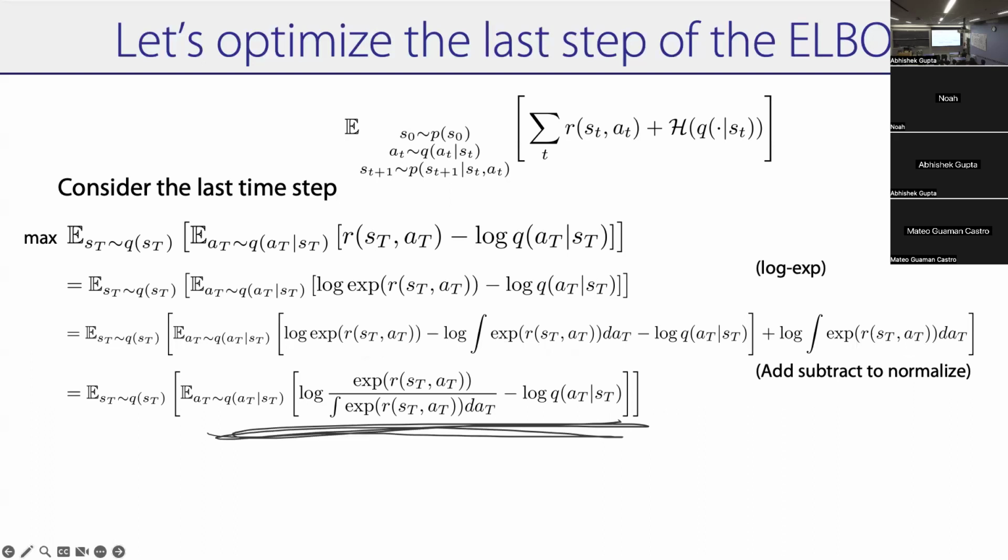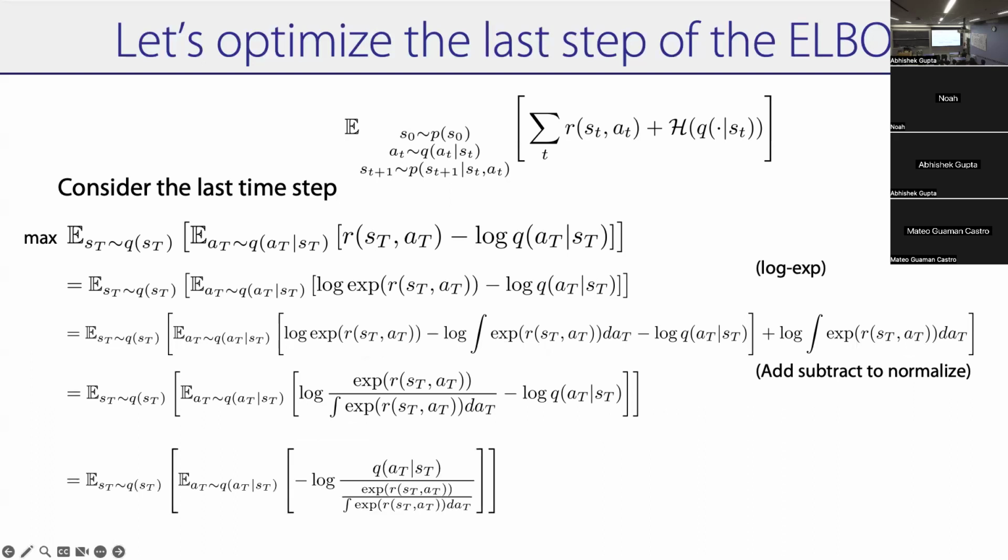And I'll do one more step. Again, you can say log a minus log b is log a over b, right? So it starts to look like log of q over x bar divided by integral x bar, right? So consider this to be a, consider this to be b, and then you get this as log a over b. That's it, right?